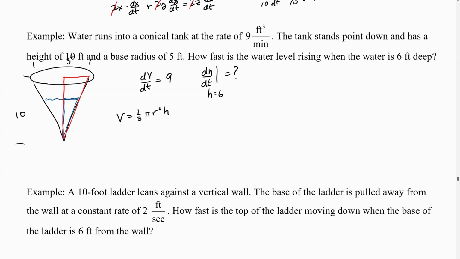In other words, this R and this H ratio has got to be similar to the ratio of the height of the entire tank, 10, to the radius of that tank, which is 2.5. Oh, the base radius is 5. I wrote it as a diameter. Sorry.